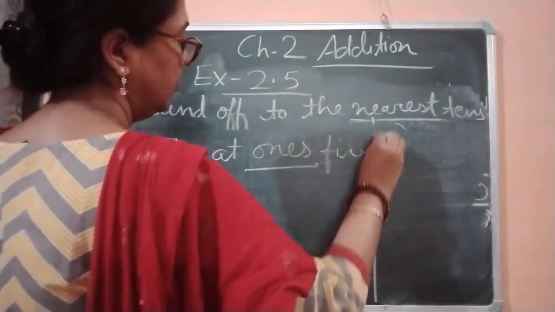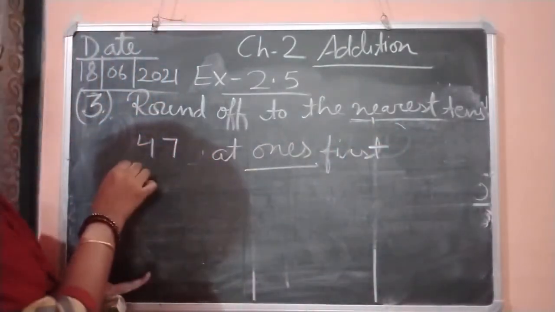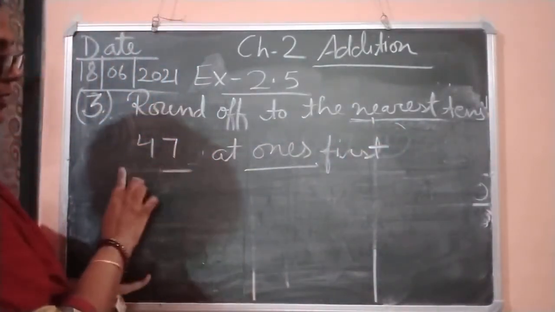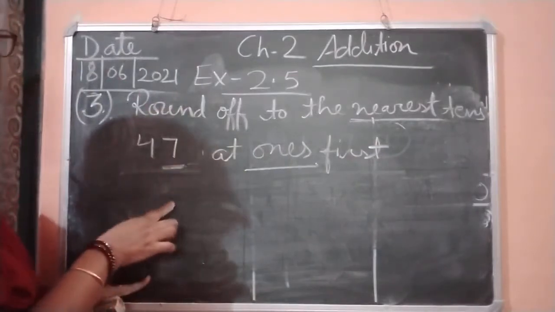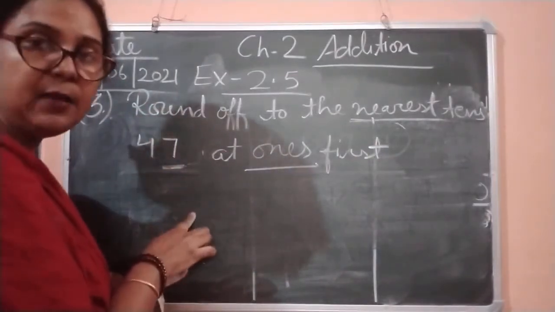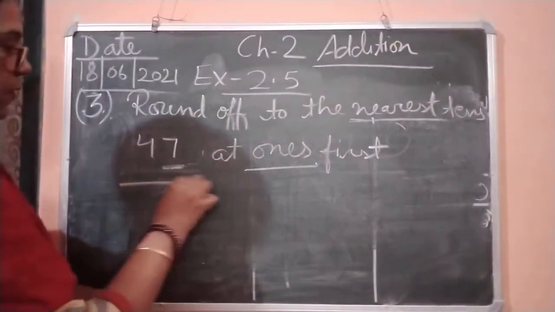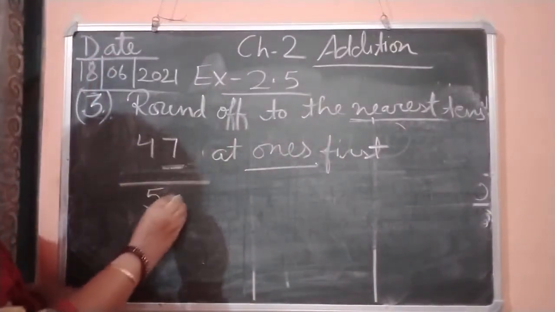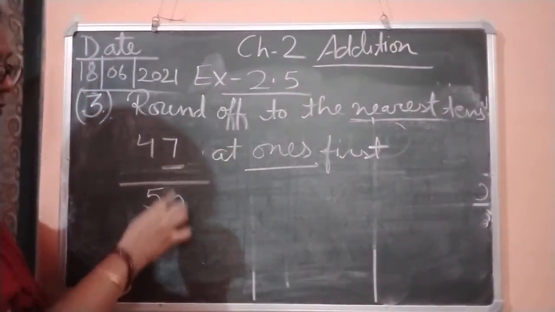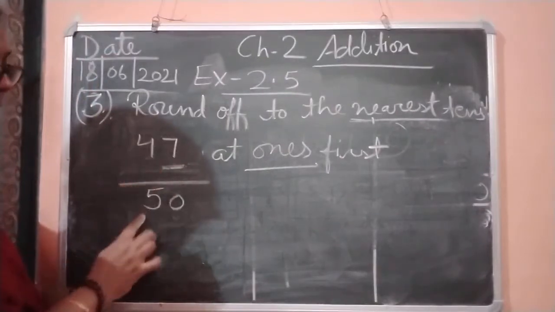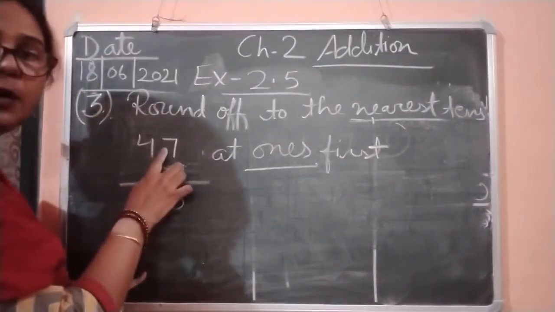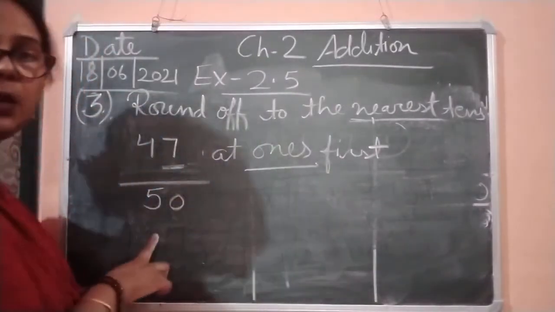That is 7. 7 is more than 5, so it will become 50. 0, and 1 will be added, that will become 50. So the round off of 47 is 50.